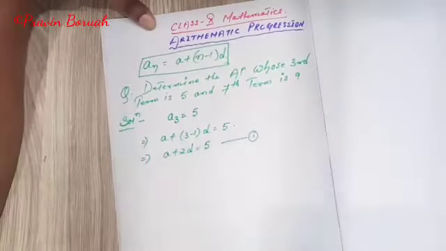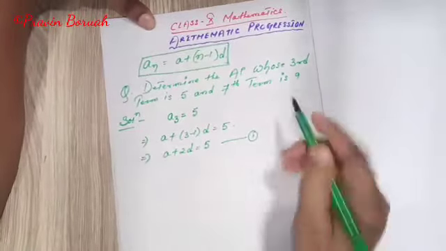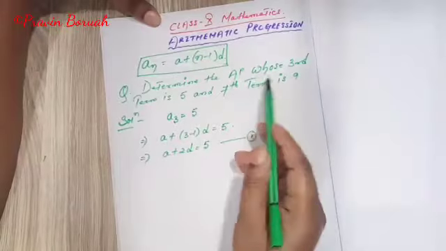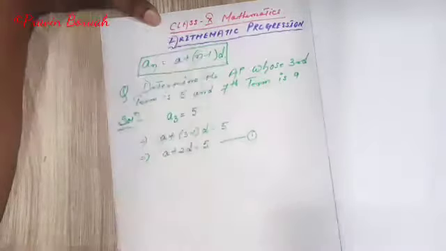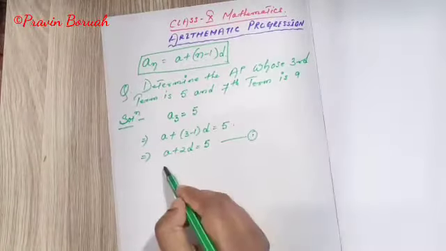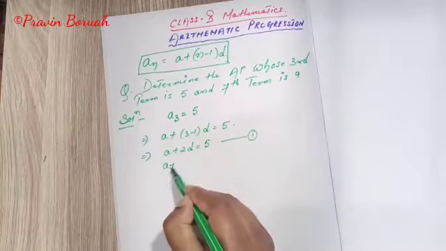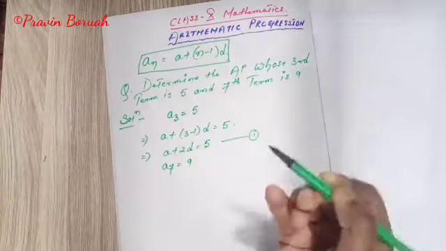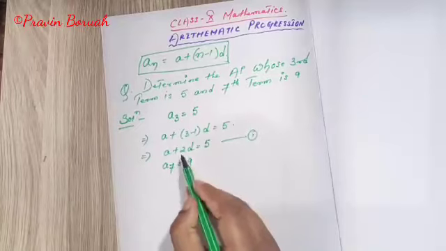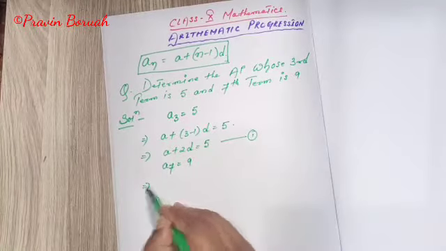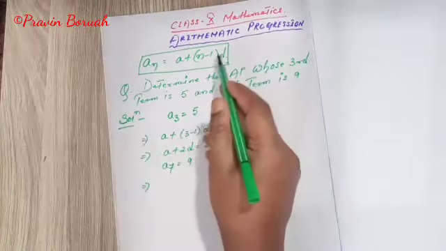Now the next condition is given. 7th term is 9. So A7 is equal to 9. Similarly you form one more equation like this. A7 you can write a plus n minus 1 d.